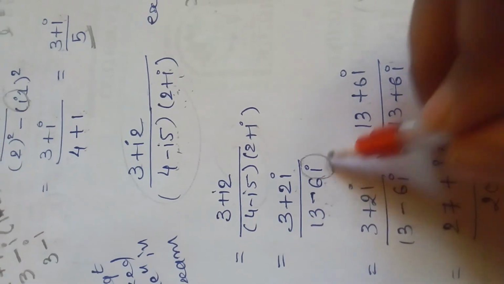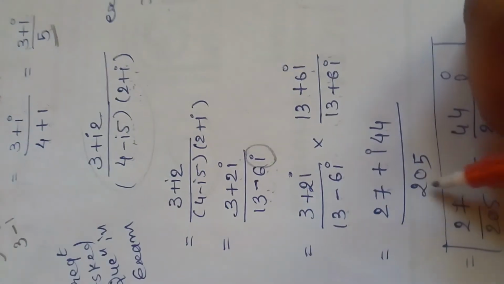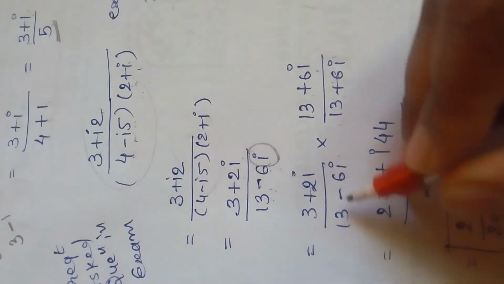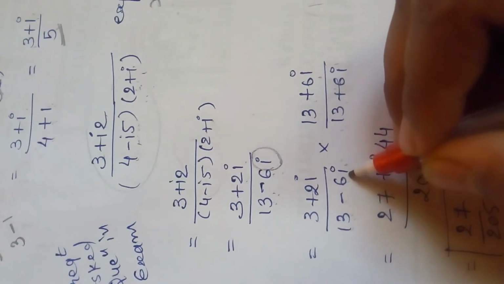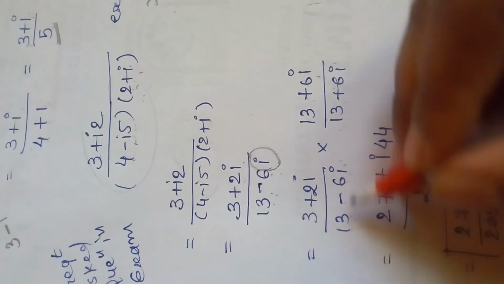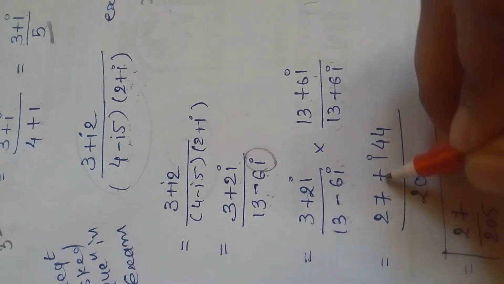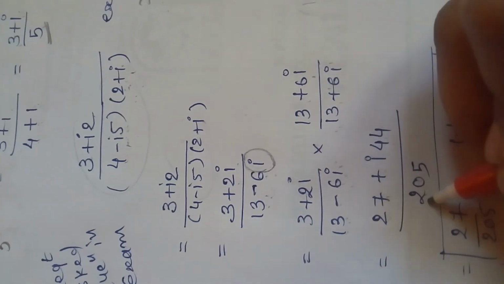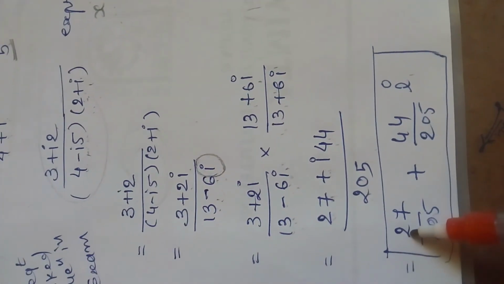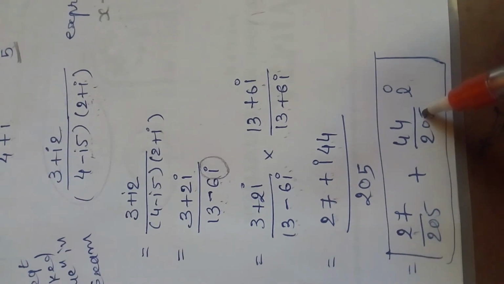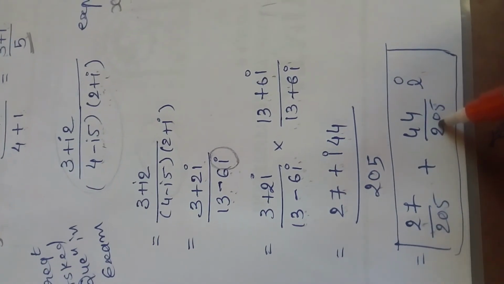Conjugate of 13 minus 6i will be 13 plus 6i, and now the result we get is 13 square plus 6 square. 13 square is 169 plus 6 square is 36. So 169 plus 36 will result in 205. 27 plus 44i by 205. So the answer we will write is in the form of x plus iy, or we can say as per the question, a plus ib.